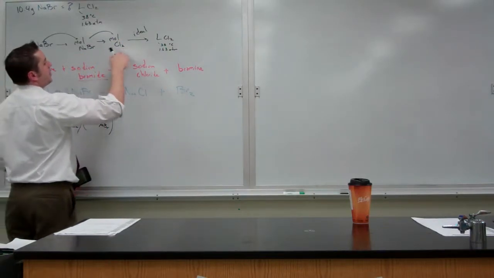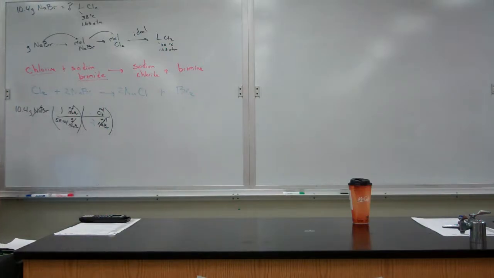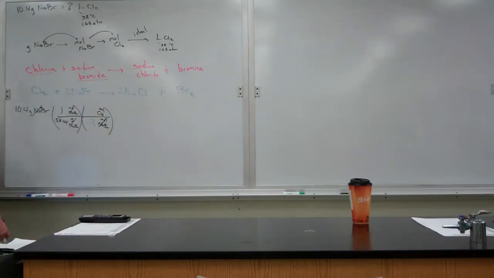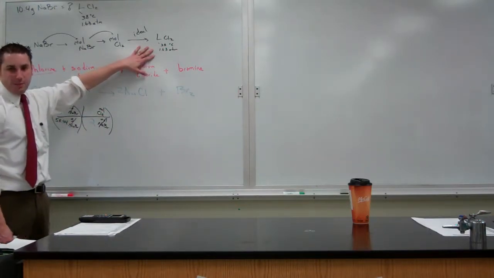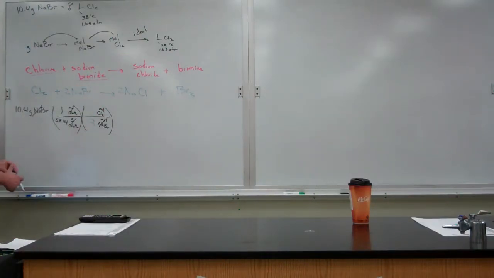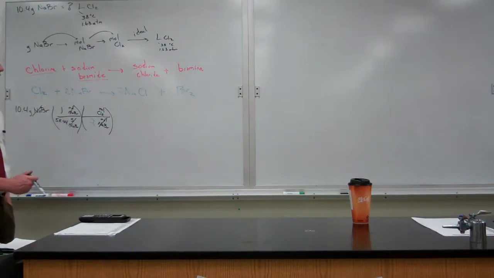Now, to go from moles to liters, there's one of two things that you could do. You could go moles to liters using the 22.414, and that would be liters at STP. Then you could do a combined gas law problem to change it into liters at your conditions.